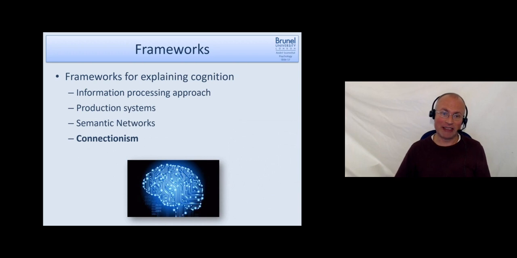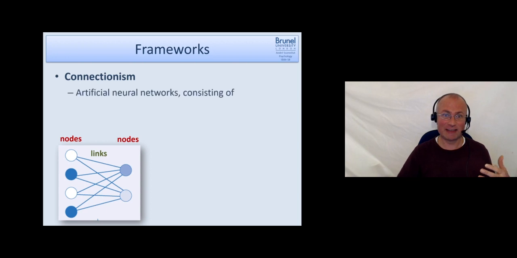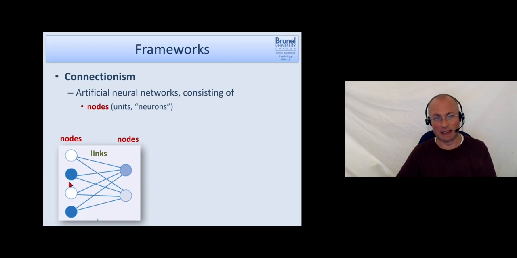Okay, so much for semantic networks, and let's turn to the last one, connectionism. Connectionism is probably the most complicated of the ones, and that's, in other words, nothing less than artificial neural networks. These artificial neural networks usually consist of nodes, which are also called units, and which represent the neurons in our brain.